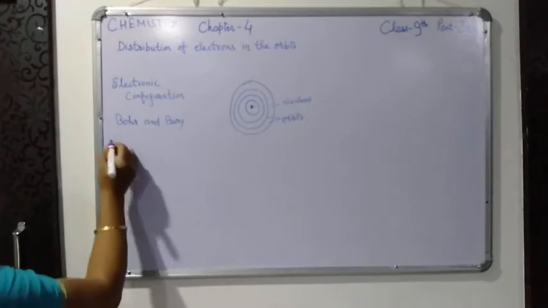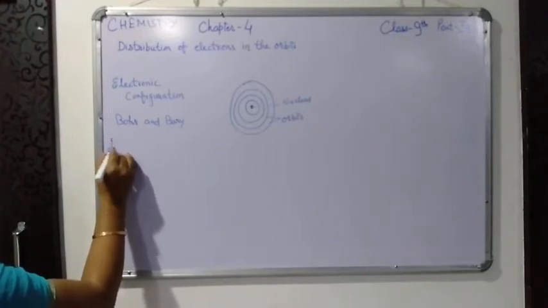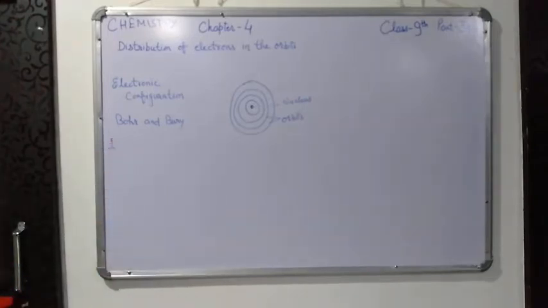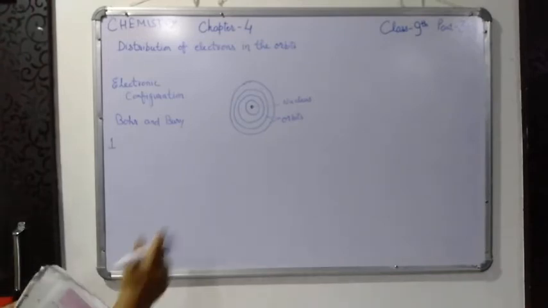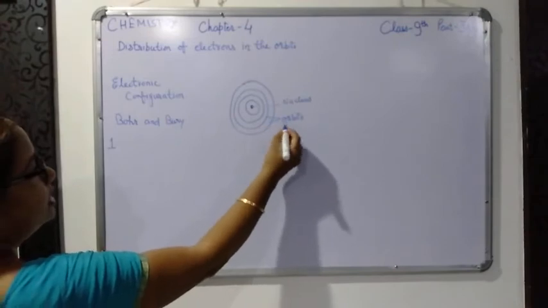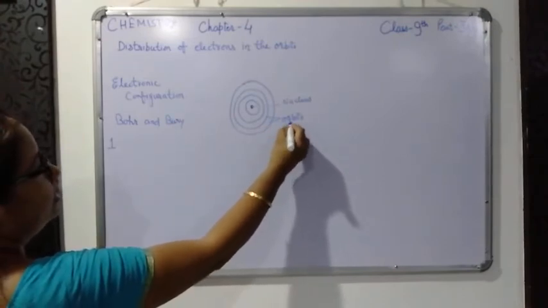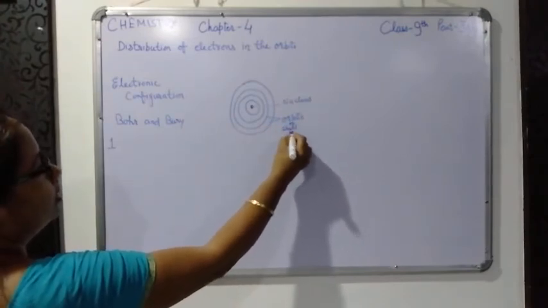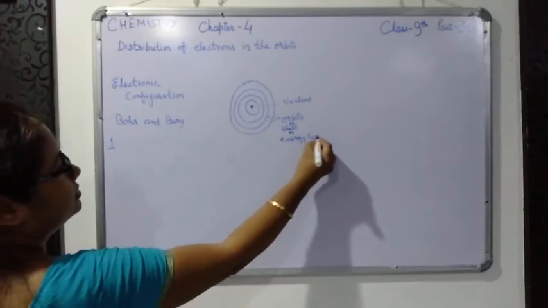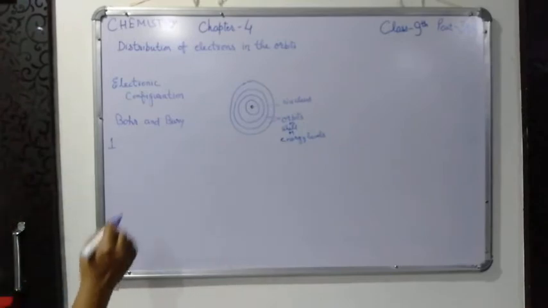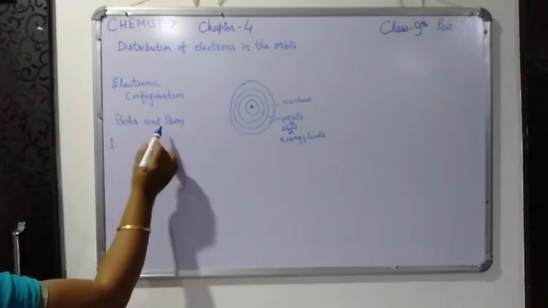The following rules are followed for writing the number of electrons in different energy levels or shells. These orbits are also called shells, and they are also called energy levels. So it was suggested by Bohr and Bury.